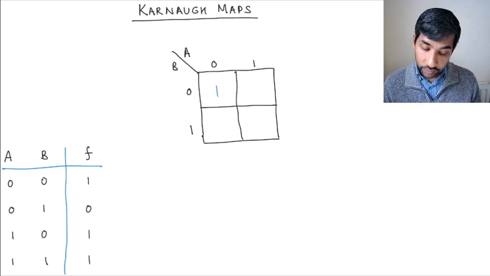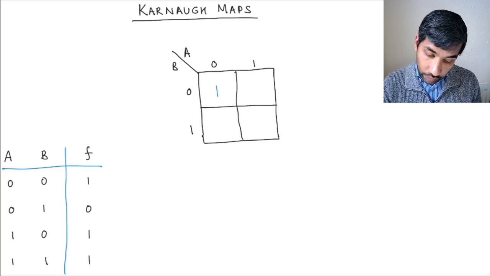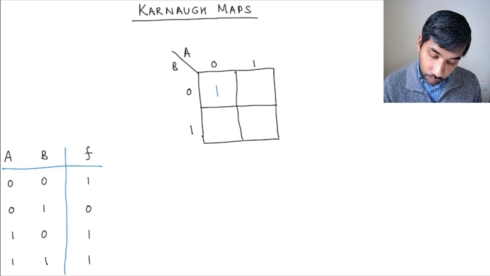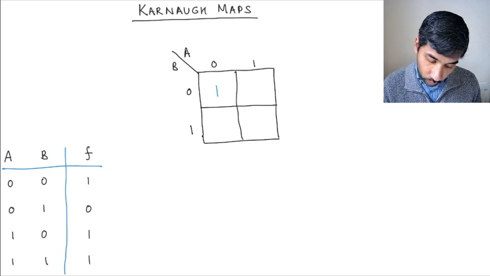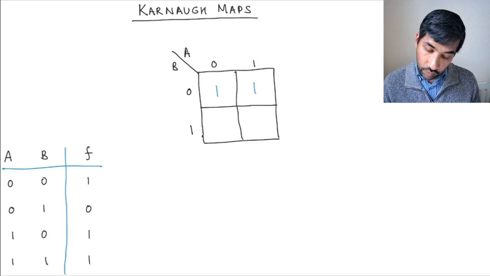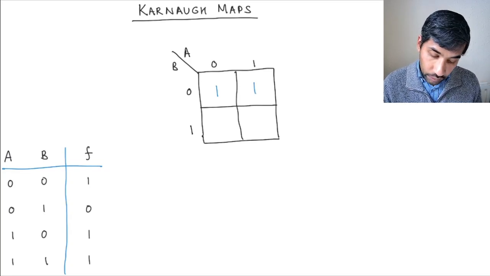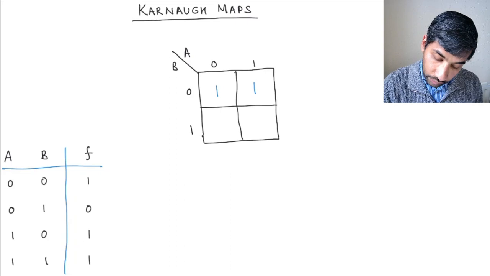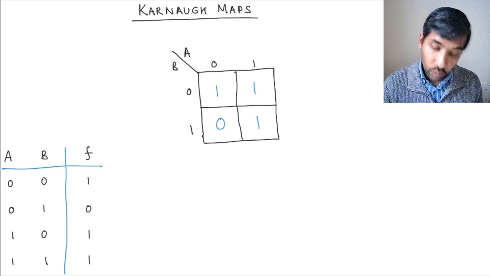What is the value when A equal to 1 and B equal to 0? Again you have 1. So let's write that there. What do you get when you have B equal to 1 and A equal to 0? That's 0, 1. So F is 0 there. So we can write 0 here. And similarly, you got 1 here.